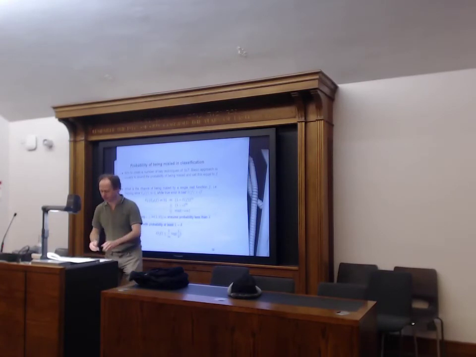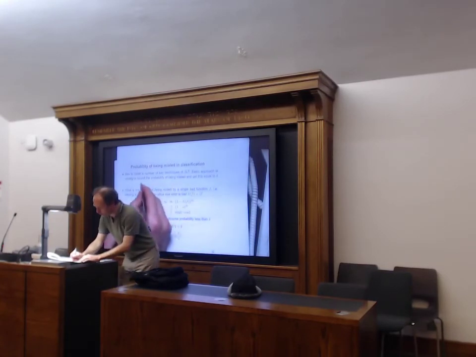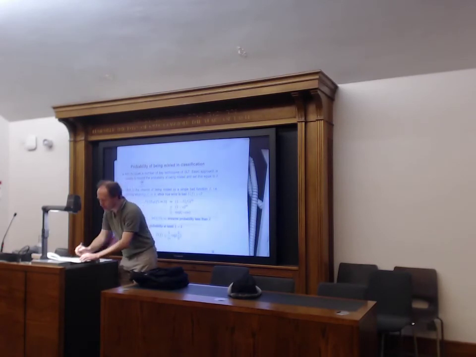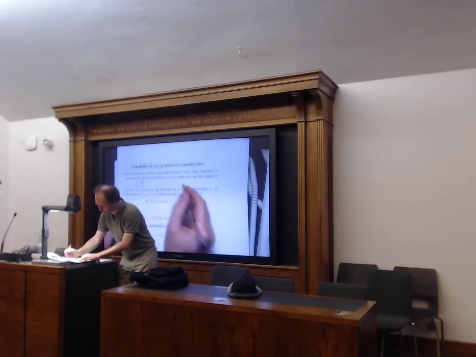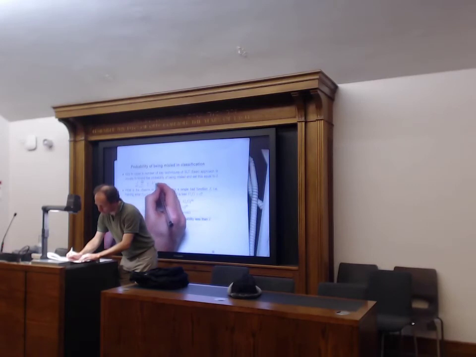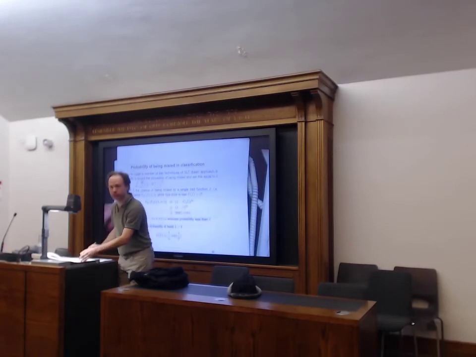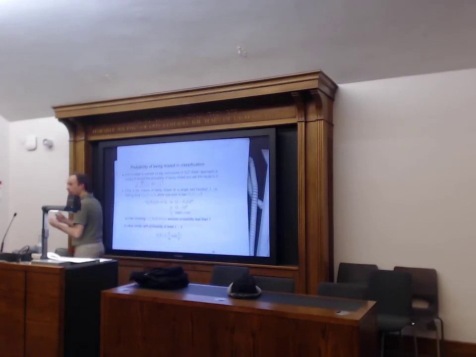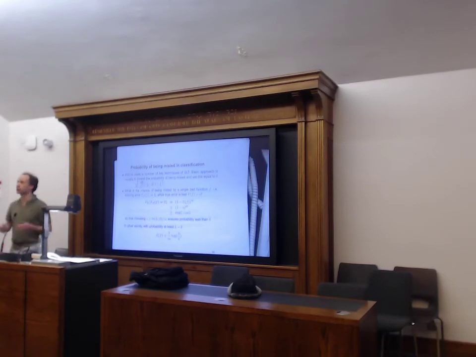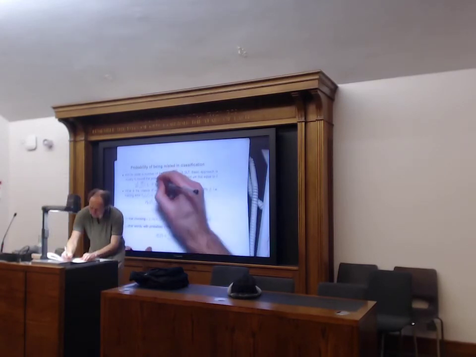So epsilon S of f is the sum for i from 1 to n, where n is the sample size, of 1 divided by n, using the convention that y and f of x are binary. So this is the empirical classification error.